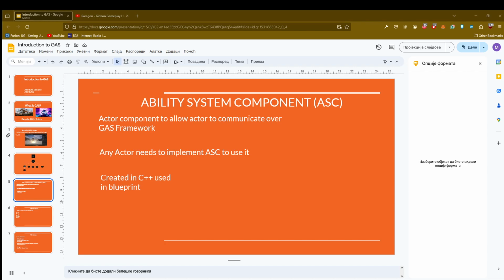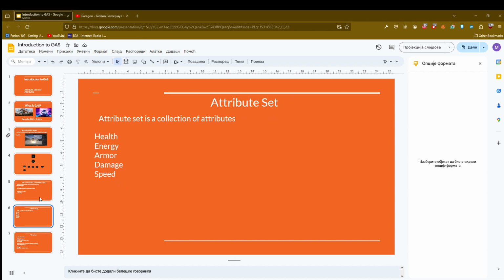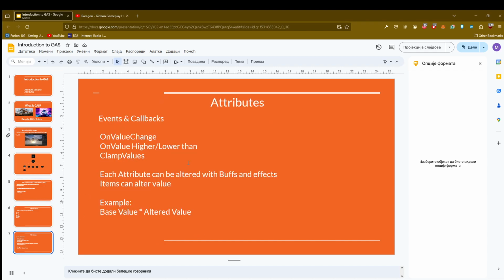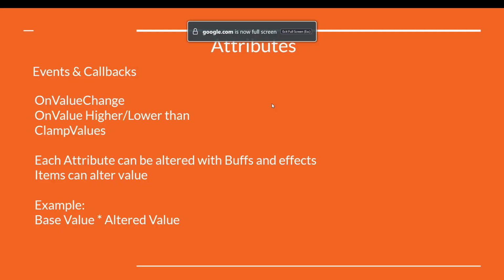So that would be the attribute set, a collection of attributes, and where we could use them, like on each attribute set, which is something I kind of did.